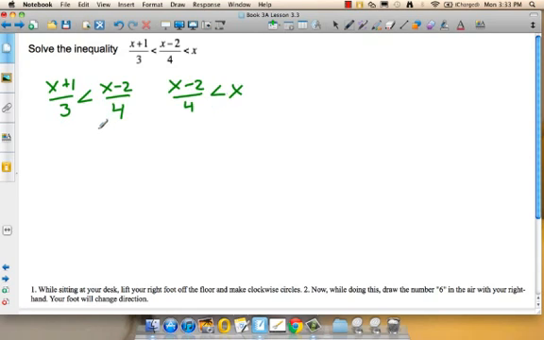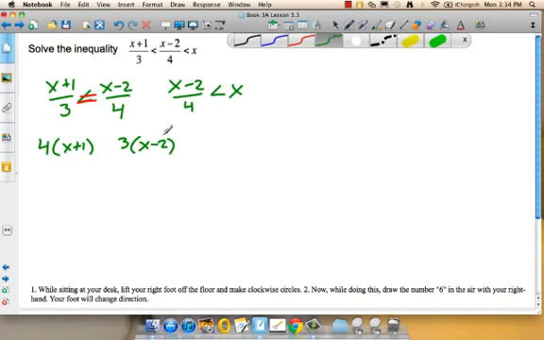First, you can treat this less than symbol the same as an equal symbol for the time being, which means you can go ahead and think about cross multiplying. So we're going to have 4 times (x+1) is equal to 3 times (x-2). Except since we're dealing with an inequality, it's not really equals, so we're going to go back and make that an inequality.